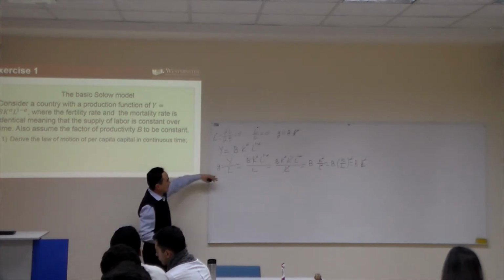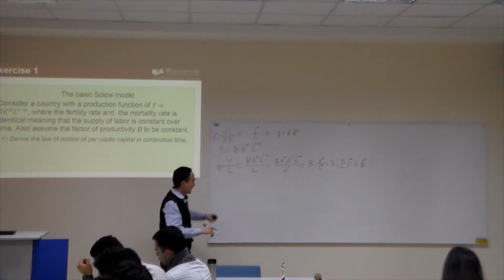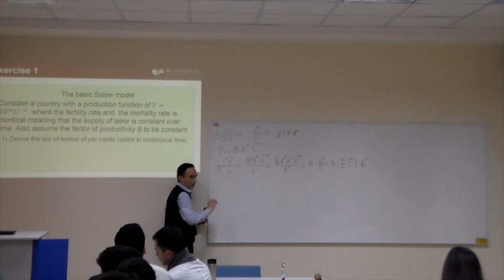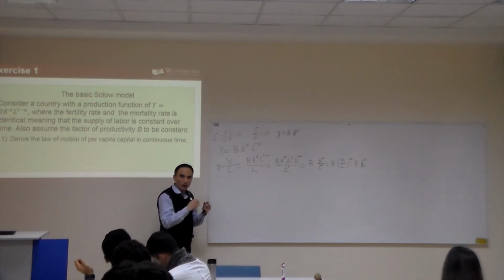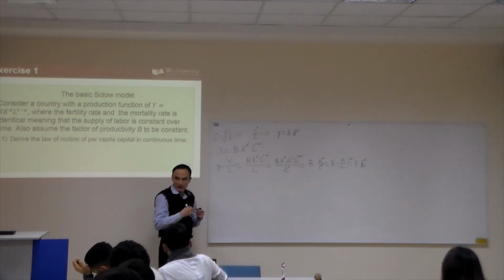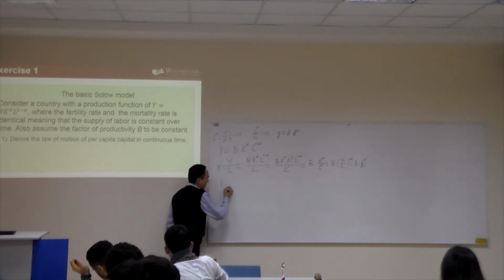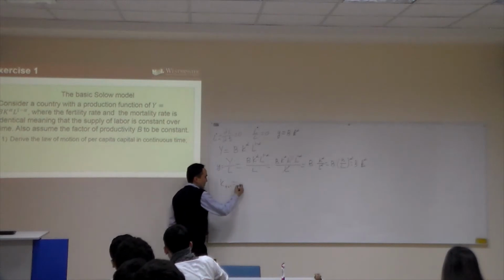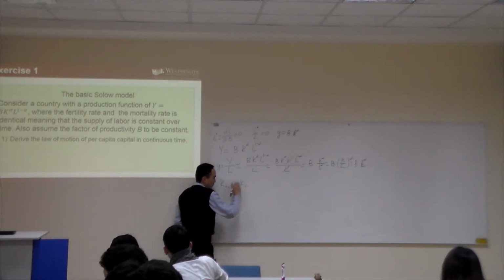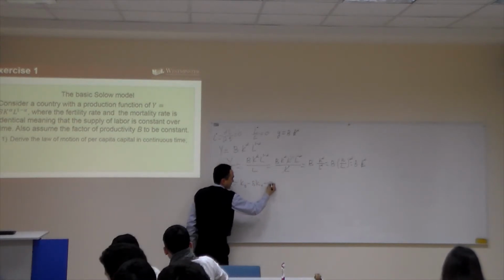Now, when we did it in discrete time, you don't have to write what I'm writing now. In discrete time, in order to derive the law of motion of per capita capital, the initial step was to consider what our capital for the next year is equal to: capital stock minus the depreciation rate of capital, which is going to depreciate, and plus investment.